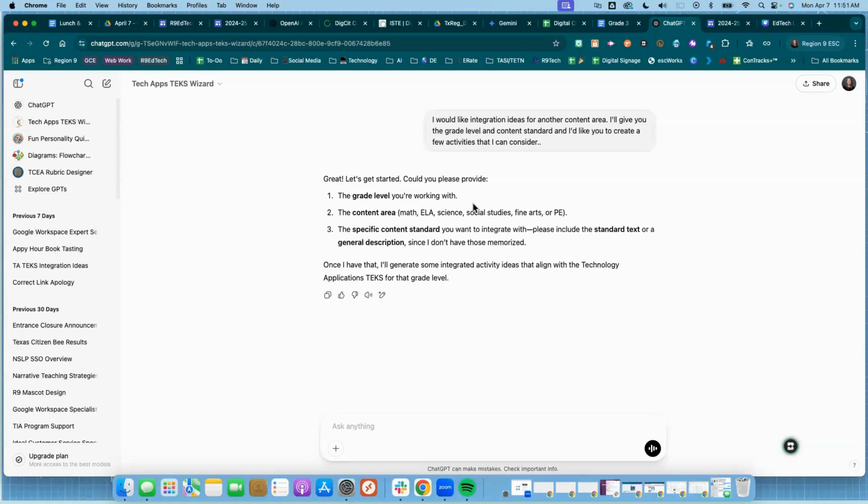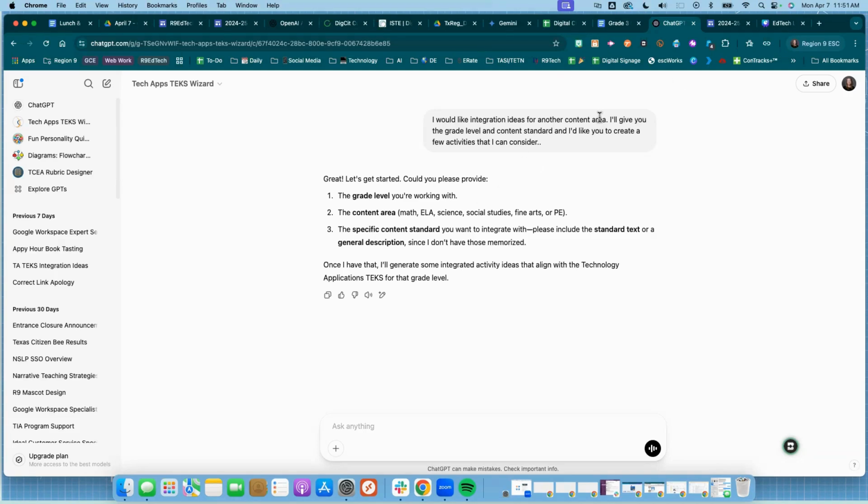And to be honest, even if you're in a school that has a specific tech apps teacher, it's still important to know if you're using technology with your students, which in this day and age, most of us are, we have to teach the skills that go along with that effectiveness of using the technologies, the literacy piece, but also that ethical and responsible use of it, that citizenship piece.